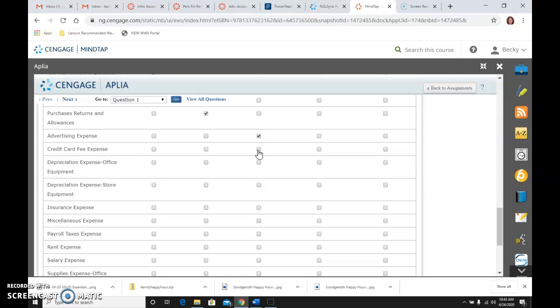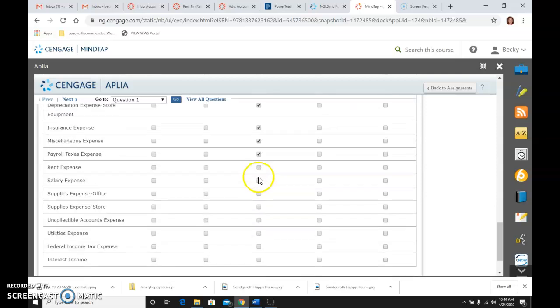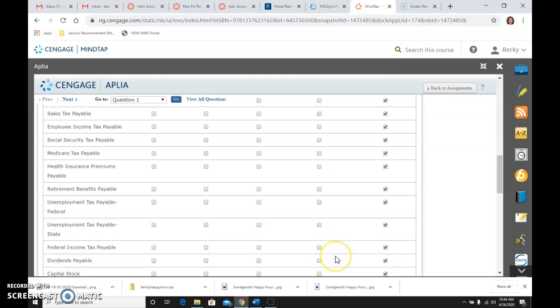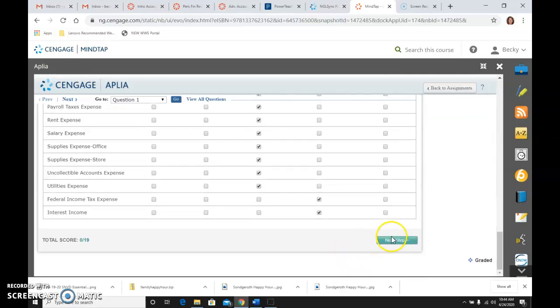Operating expenses include all of these expenses down through, I'll find out when I get there, payroll taxes, rent, supplies, salary, uncollectible accounts, utility. So all the way down through utilities is operating expenses, and then federal income tax and interest income are unrelated to normal operations. Other.